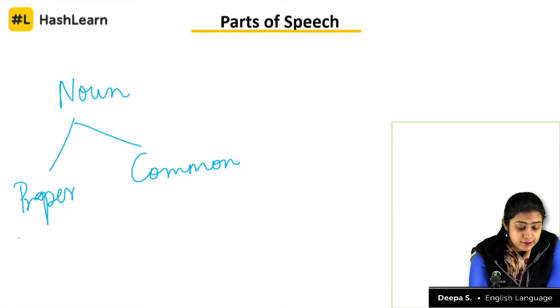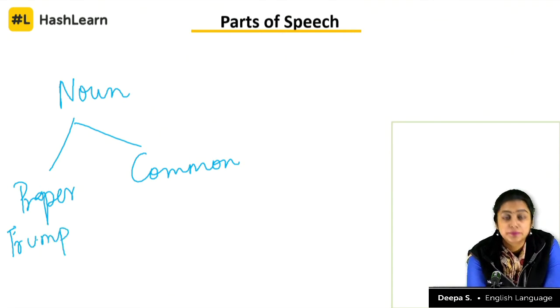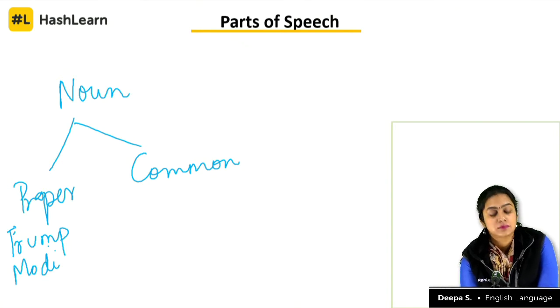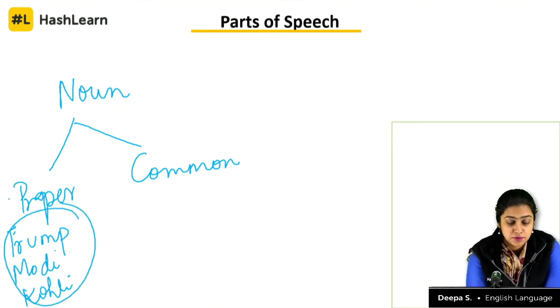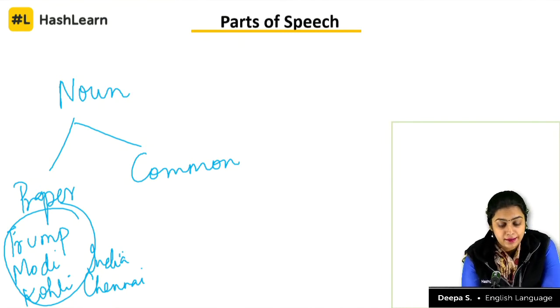For example, Trump, Modi, Kohli. These are proper nouns. The city of Chennai, India. All of these again are proper nouns.